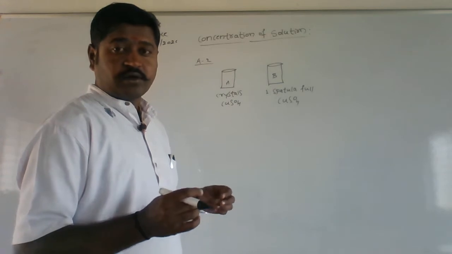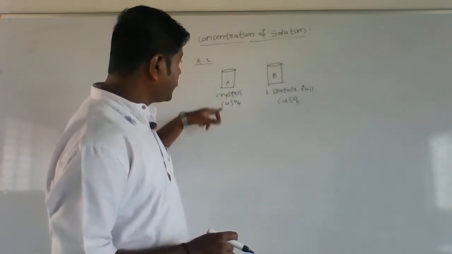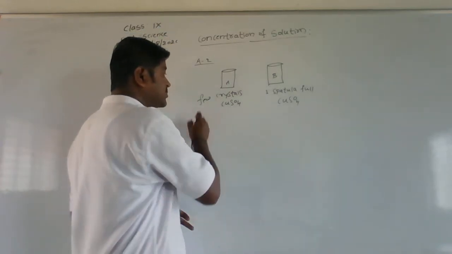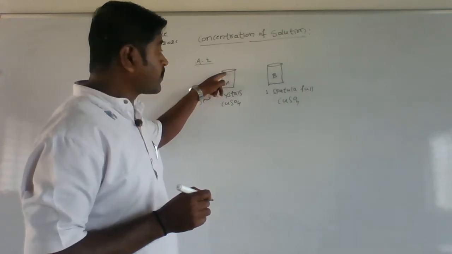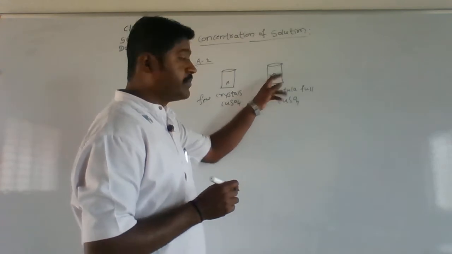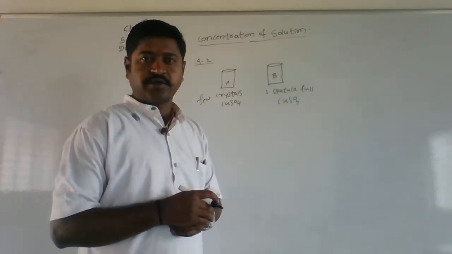Before that, we have seen activity 2, where in beaker A we have added a few crystals of copper sulfate and one spatula full of copper sulfate in beaker B. Both are copper sulfate, right?